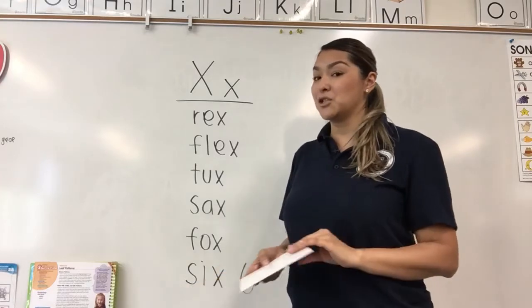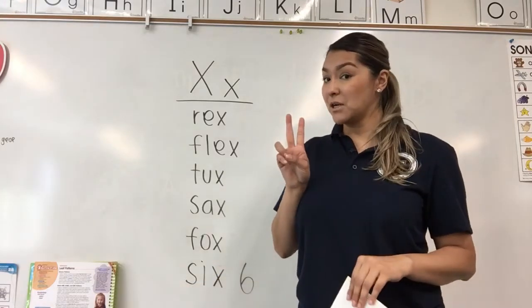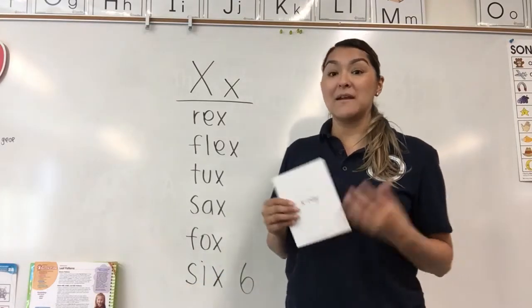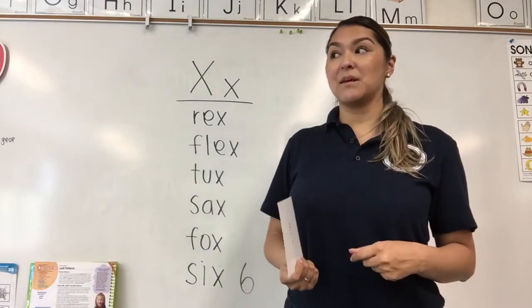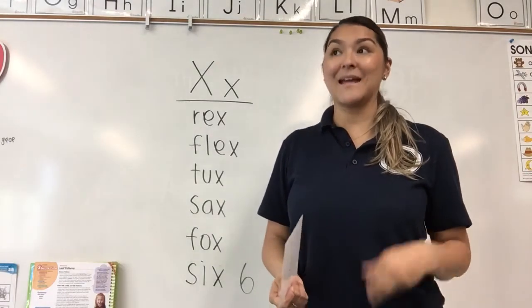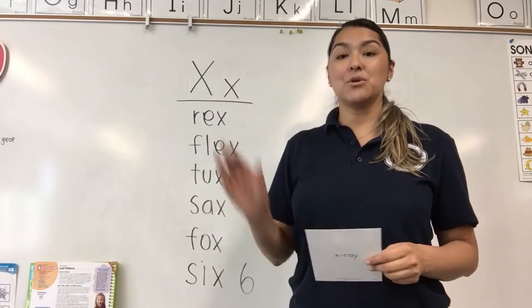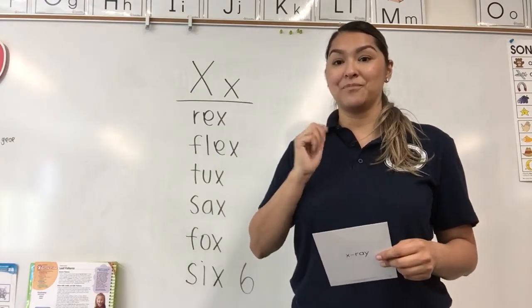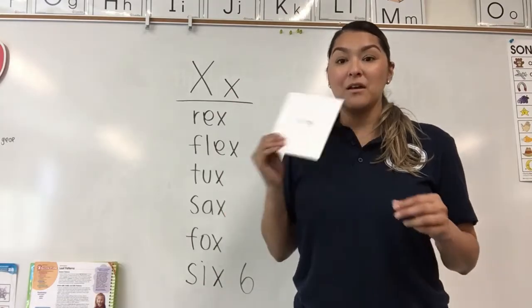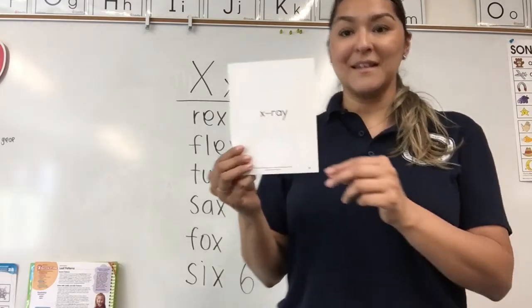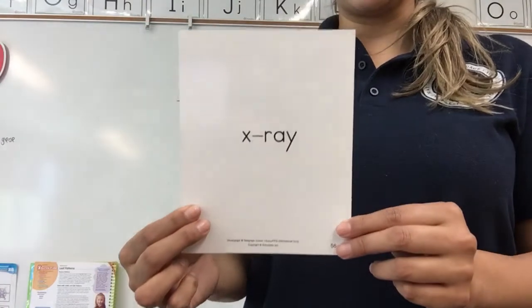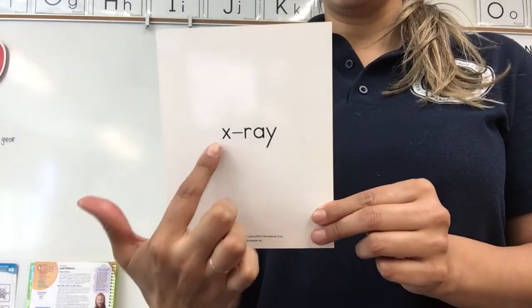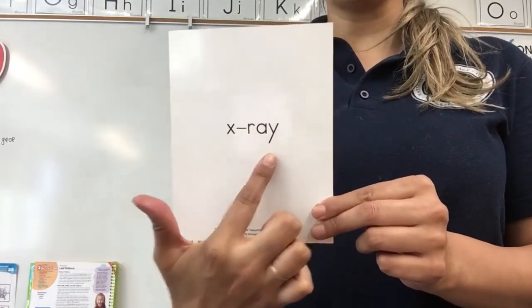I'm going to go ahead and give you 2 examples that start with the letter X. A name that would start with the letter X would be the name Xavier, right? So you hear that X at the beginning, Xavier. Another word that starts with an X is X-ray.